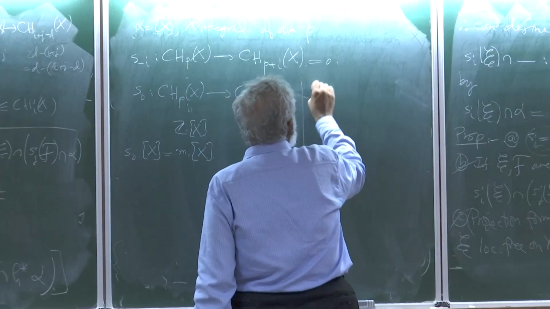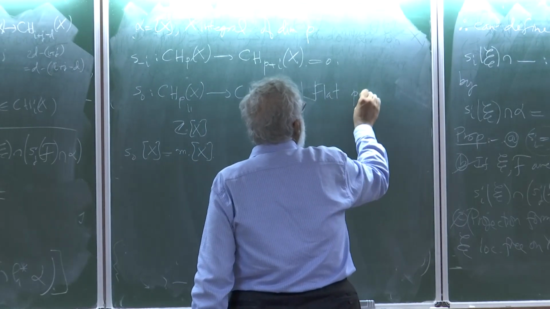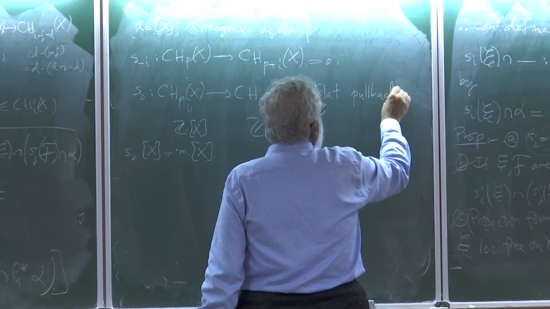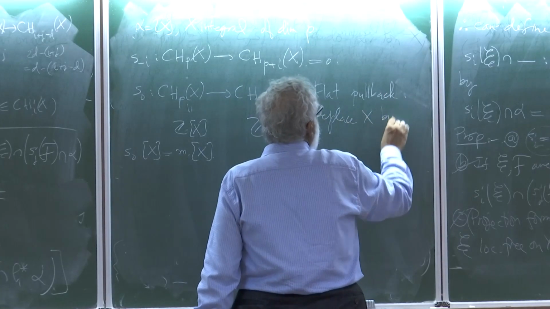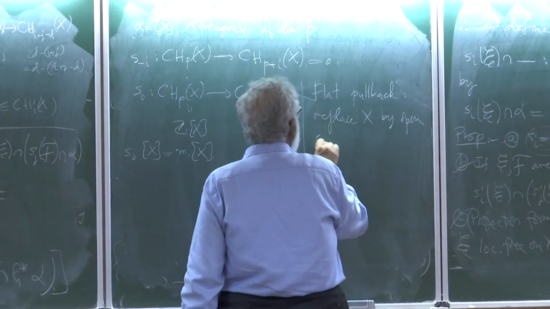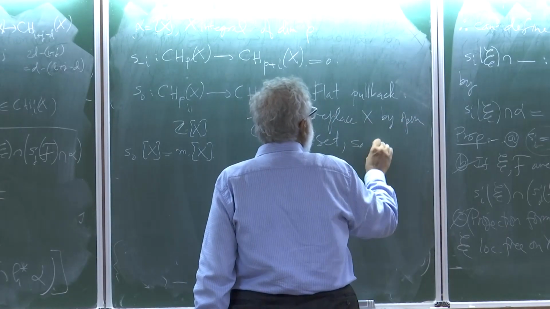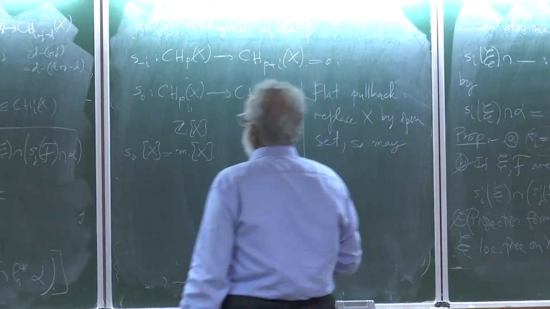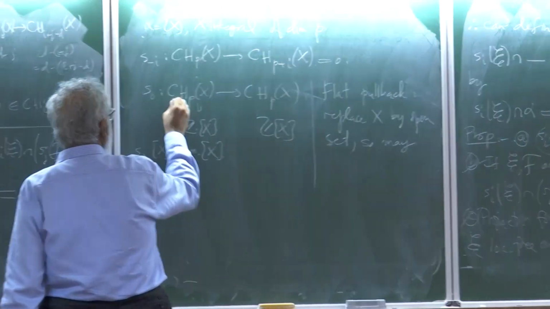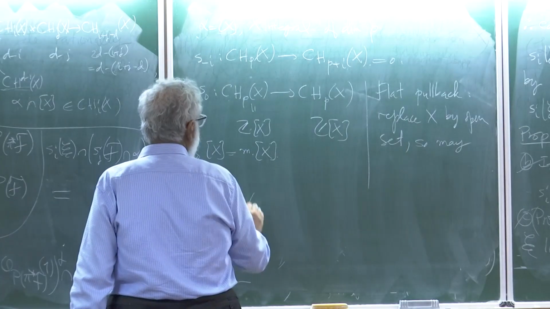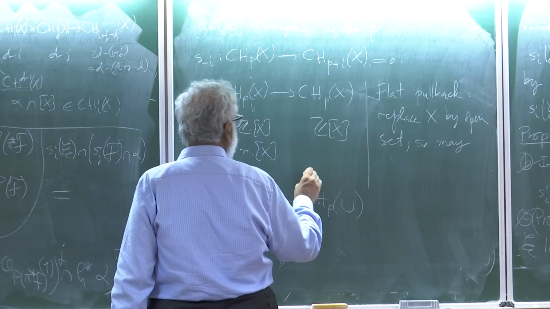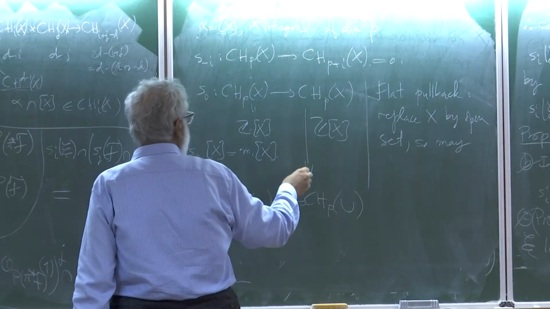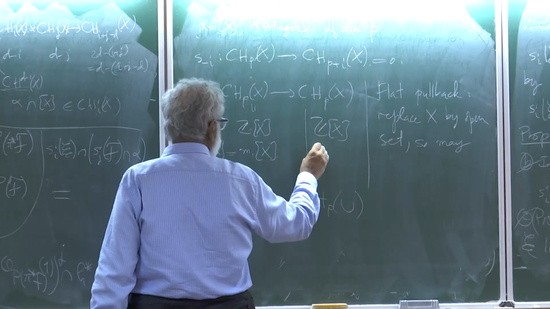But now it's compatible with flat pullback. So replace X by an open set. If you want to be very pedantic, if I have U open in X, I'll go from Chow_p X to Chow_p U, and this is the flat pullback for the intersection.